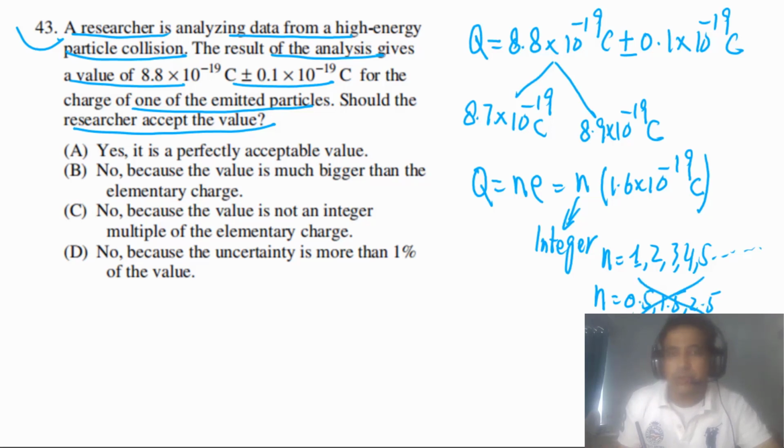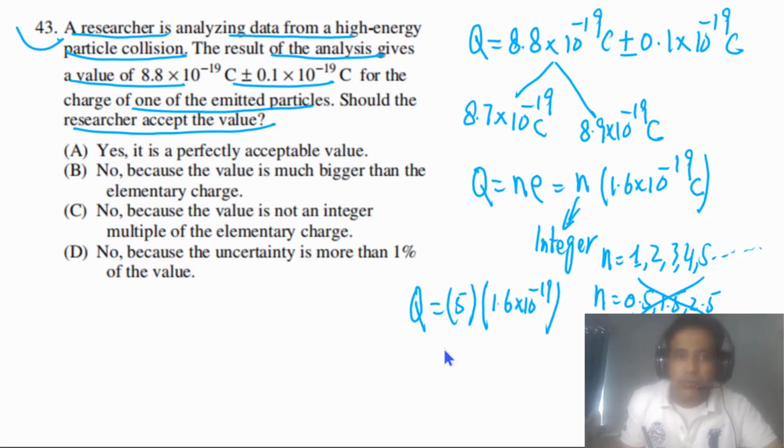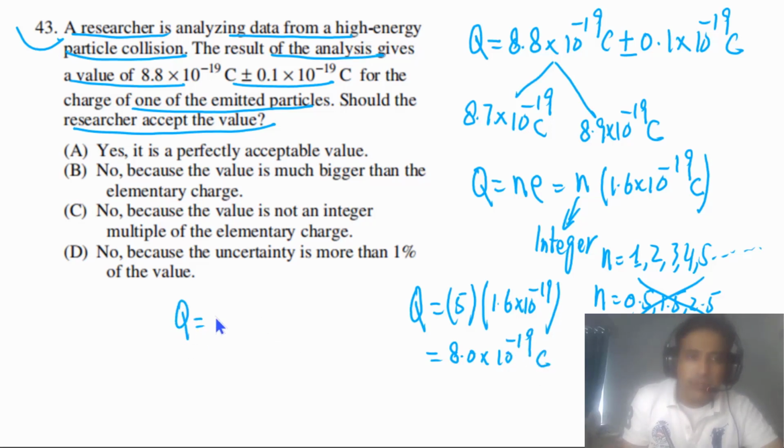So this is incorrect. So in this case, if you look at this one, let's say we have q, this number n can be 5, so we have 1.6 times 10 to minus 19 coulombs, so this will be equal to 8.0 times 10 to minus 19 coulombs. Or n can be 6, and this is 1.6 times 10 to minus 19 coulombs.